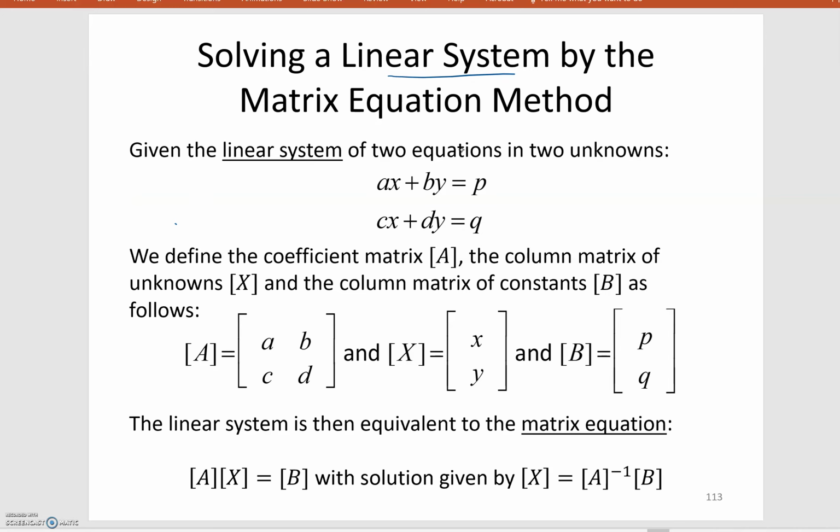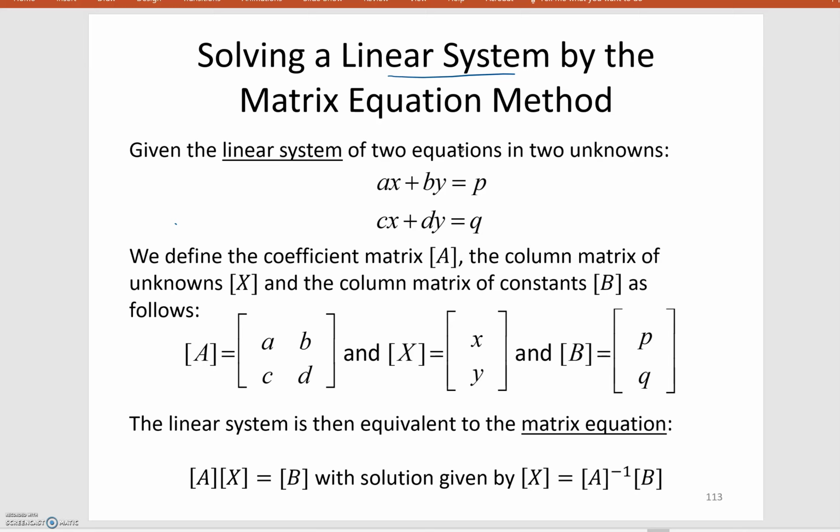So the constant has to be on the right hand side, and the variables have to be on the left-hand side, and they must be in order. So if I have x first here, then x must be first down here. That's got to be consistent throughout the entire system, all right? So you can't have x, y, and then y, x. Otherwise, your answer is just going to be wrong, because position is very important with matrices.